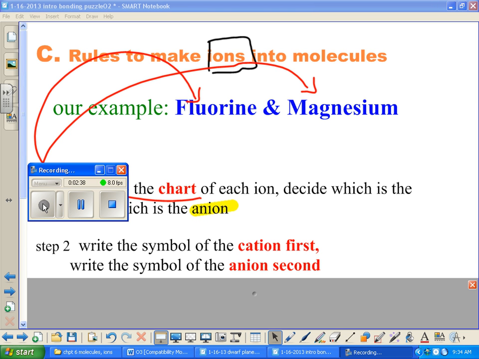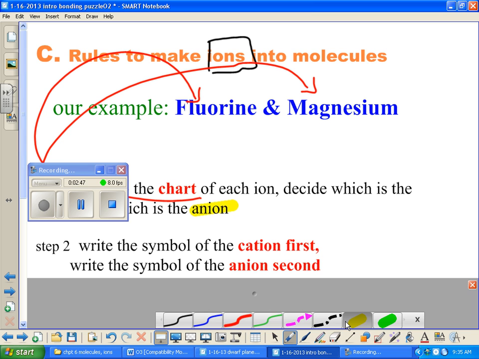Second step, we're going to write them down. We're not going to write the whole words down. We're just going to write the symbols down. And the cation always gets to go first. We'll look at the chart. It's on the left-hand side of the periodic table, isn't it?